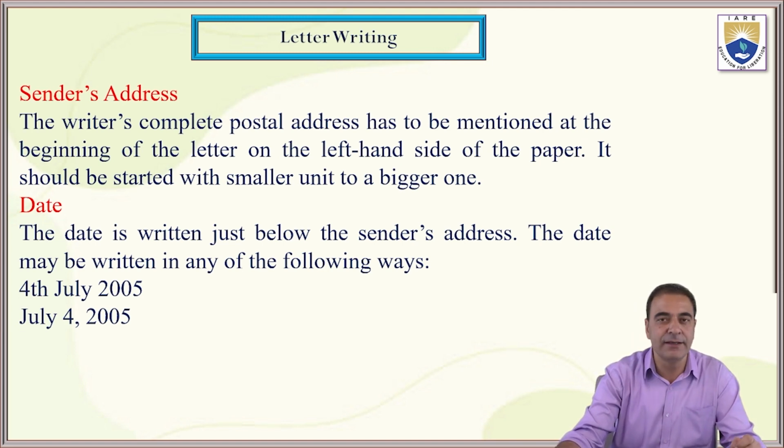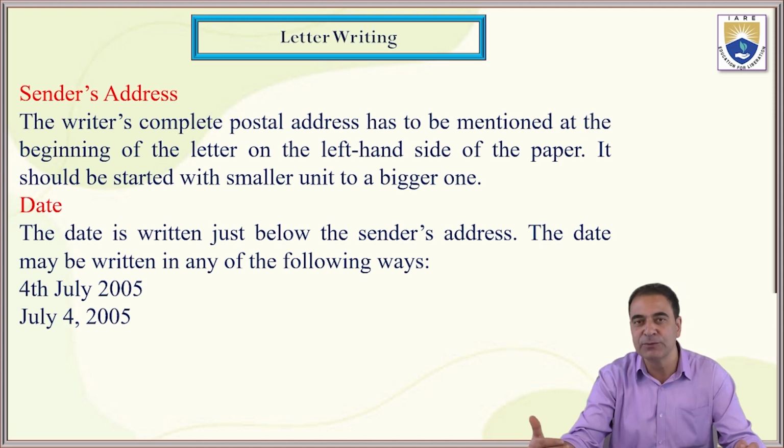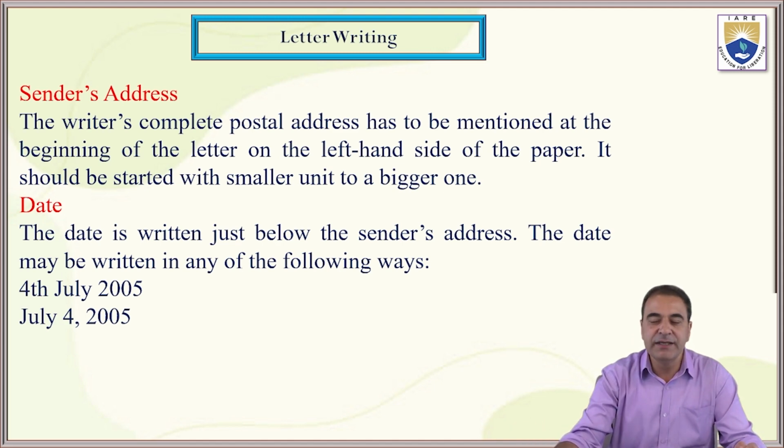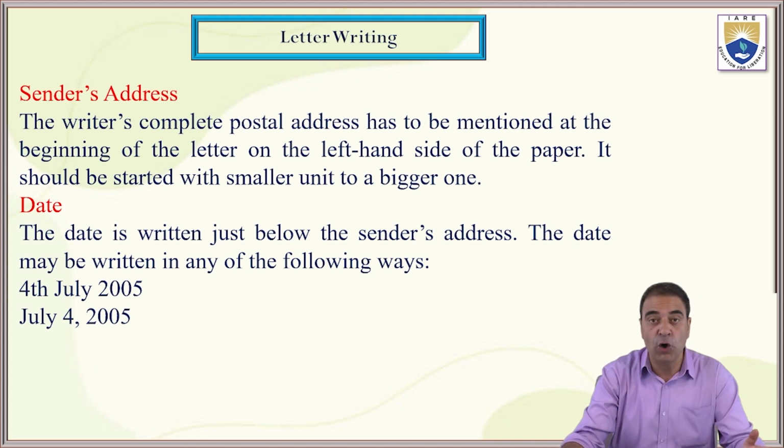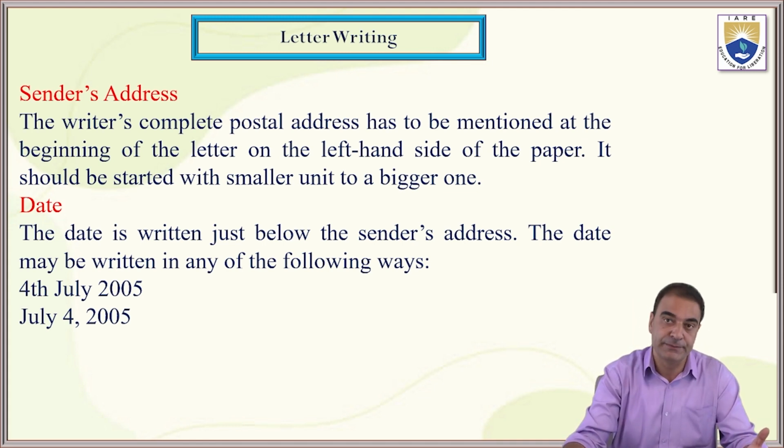To make it more explicit and simple, it means that we should start the sender's address with a small portion, a definite point. That definite point can be your house number or your lane number, followed by the city, then the state and country. And we write it on the left-hand side of the paper.